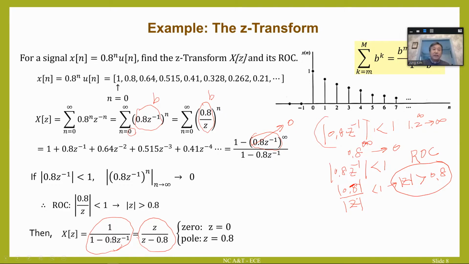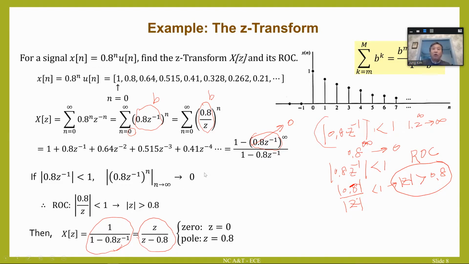If this were second order, you would need to multiply each term by z squared, but this is first order, only z to the minus 1. So each one is multiplied by z, giving z over z minus 0.8. That's a first order system, with only one delay. I think this is much easier than the Laplace transform.